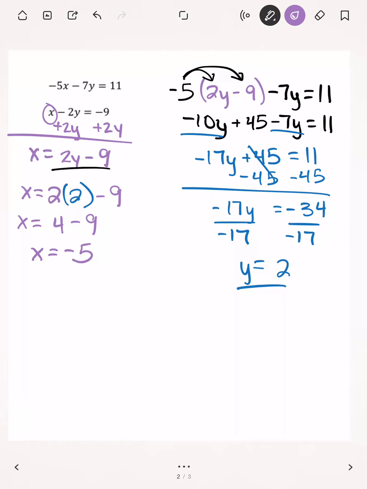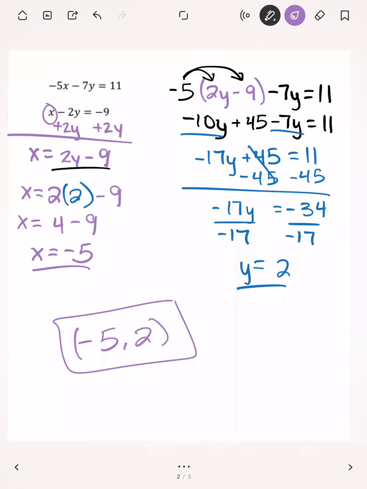Now I have solved for x and y. I just need to write my solution as an ordered pair: negative 5, comma 2. Again, this means these two lines intersect at the point negative 5, positive 2.